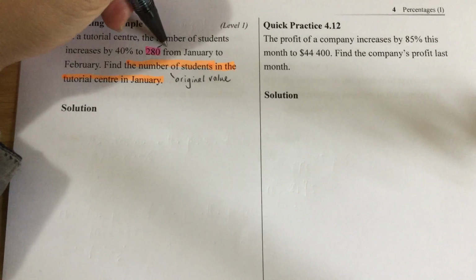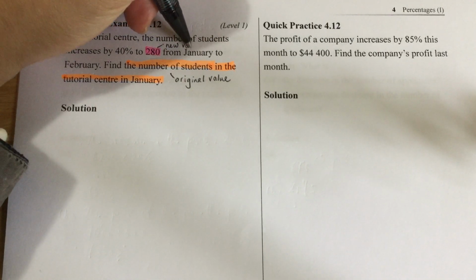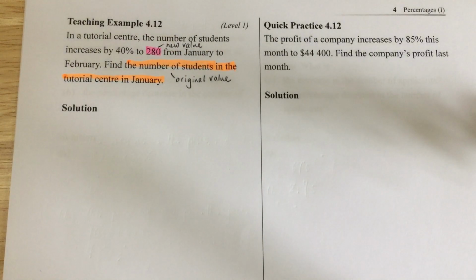This is the value for February, so this one is the new value, and you have the 40%. We're going to calculate the original value.